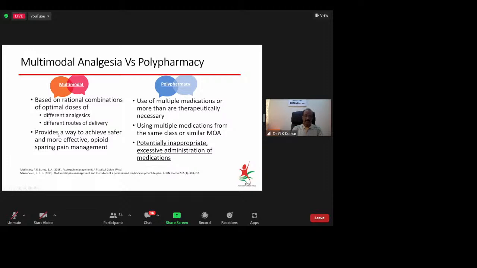Multimodal provides a way to achieve safer and more effective, and sometimes opioid-sparing, pain management. With polypharmacy, we are choosing multiple medications of the same class and same mode of action, so there is potentially inappropriate, excessive administration. It is entirely the opposite. Multimodal analgesia is the safe, more scientific and more systematic way, unlike polypharmacy.